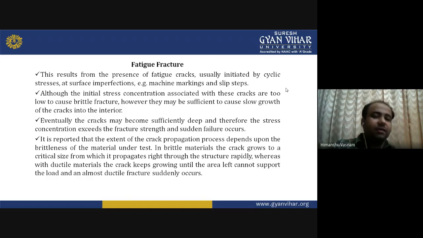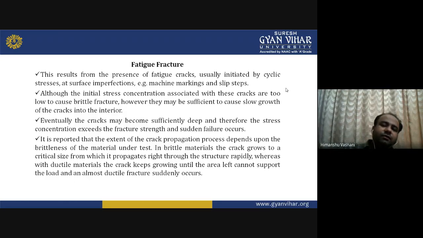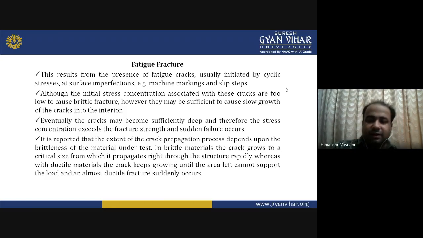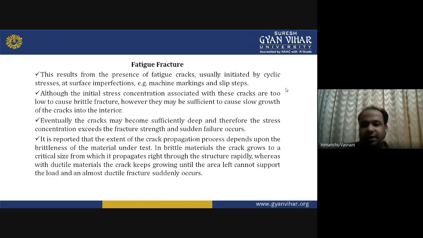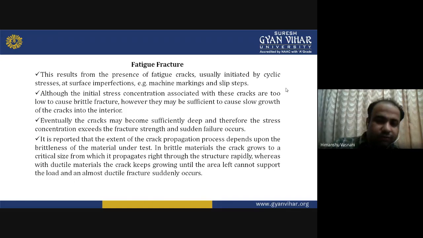It is reported that the extent of the crack propagation process depends on the brittleness of the material under test. In brittle materials, the crack grows to a critical size from which it propagates right through the structure rapidly.